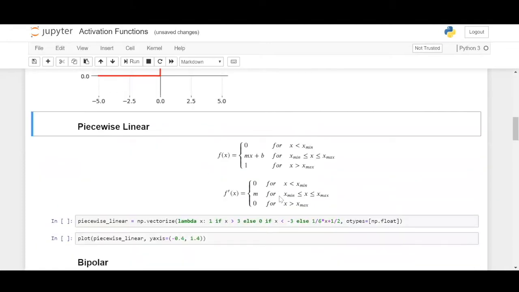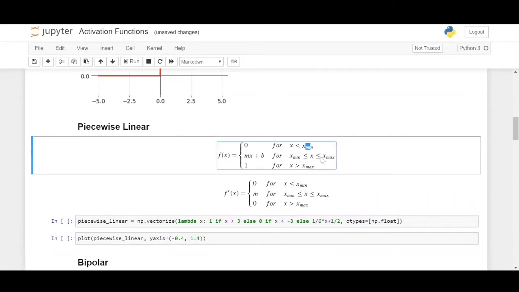So now let's get into the piecewise linear activation function. In this one, you'll be given two thresholds, which are x min and x max. So f of x is equal to 0 if x is less than x min, is equal to mx plus b, which is nothing but the equation of a line if you can recollect, if x lies between the minimum and maximum values, and it is equal to 1 if x is greater than the maximum value.